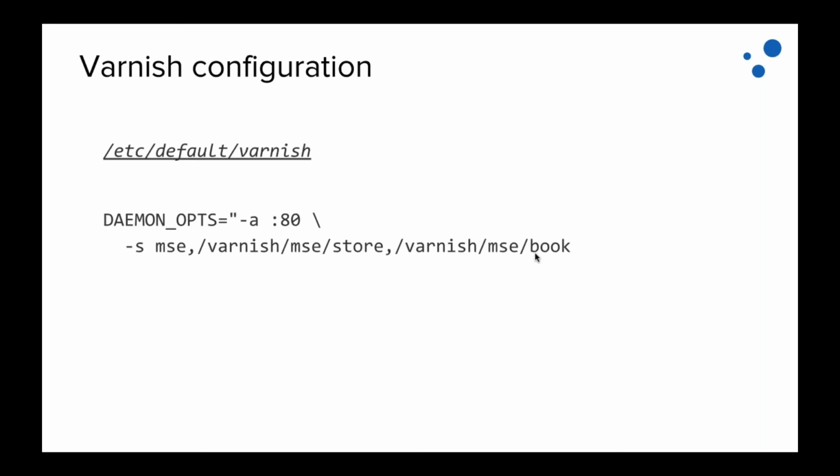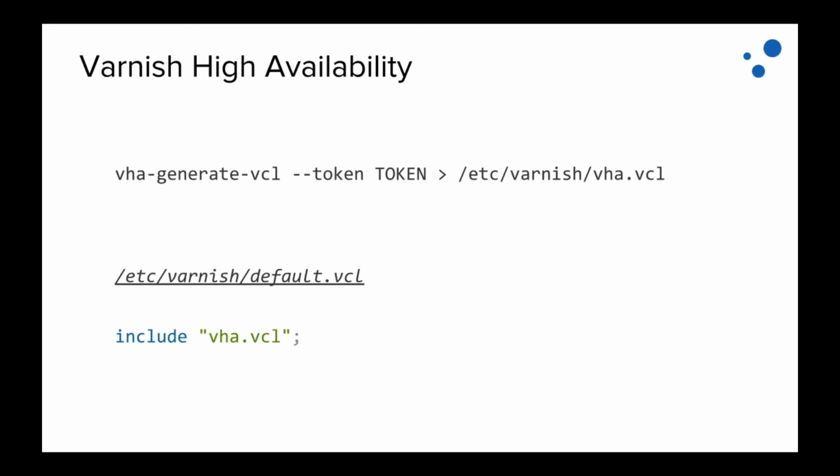So at this point, Varnish can listen to incoming requests, can communicate with the backends, and Varnish is also using an MSE storage. The next and final step will be to set up Varnish high availability. And from the command line, you will have to run this vha-generate-vcl. It will give you a token again.